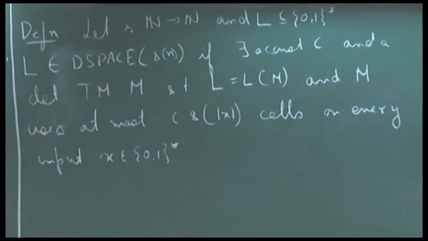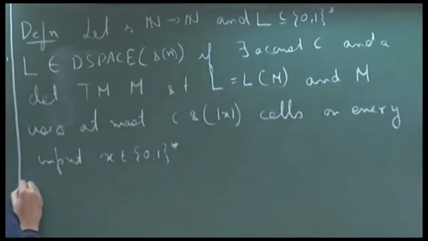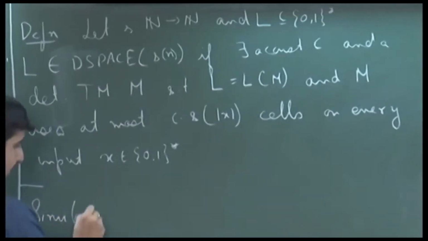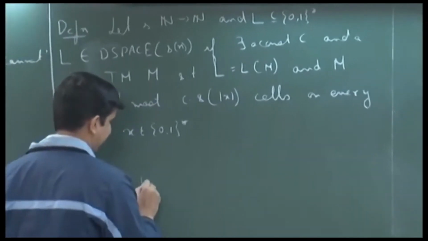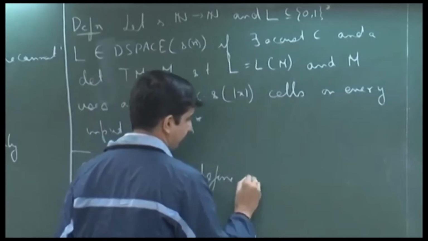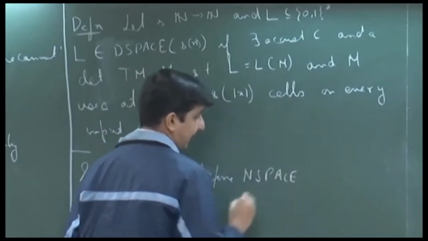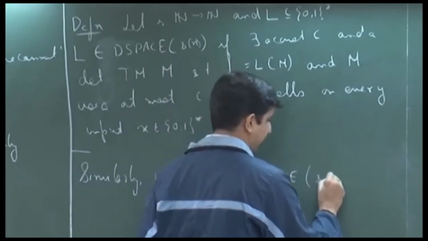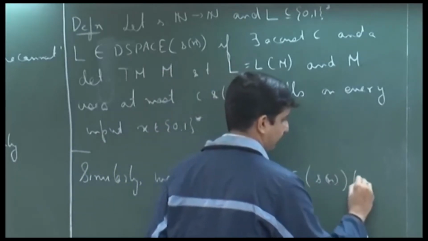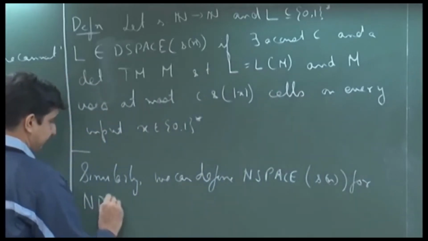So, similarly we can define the class n space as well. I will not write down the entire definition. Similarly we can define n space S of n for non-deterministic Turing machines.